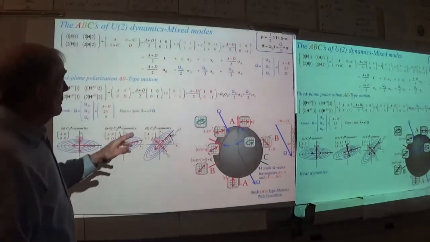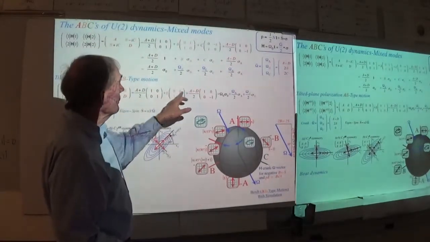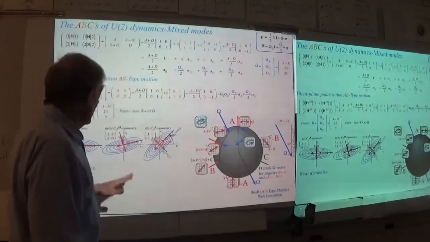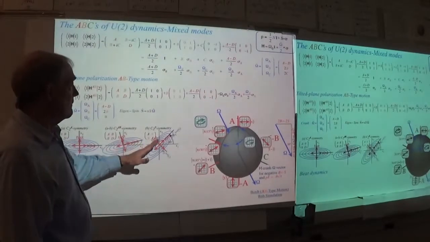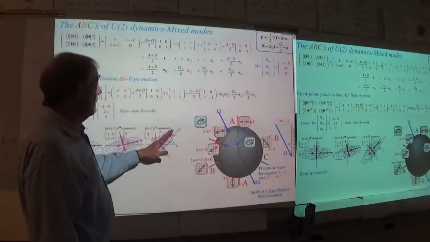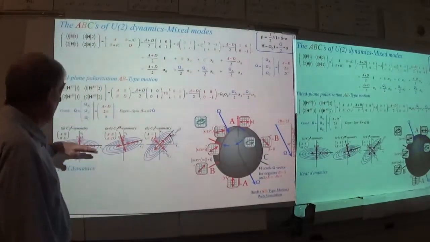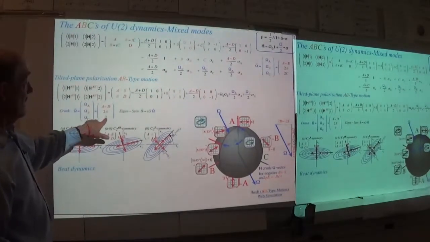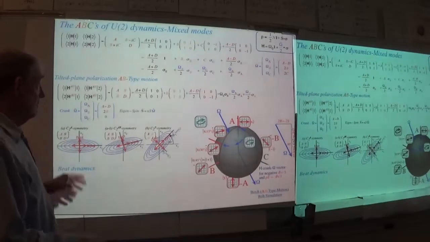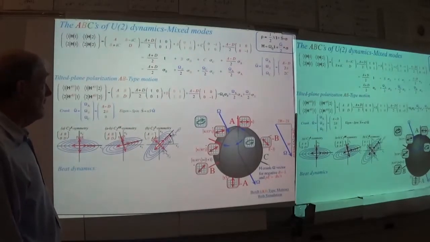And really all you're doing here, by varying this right here, is looking at normal modes that are tipped. Okay, now here's the pure B symmetry, here's the pure A symmetry. Now we're not involving the complex guy. That's when it gets really funny.